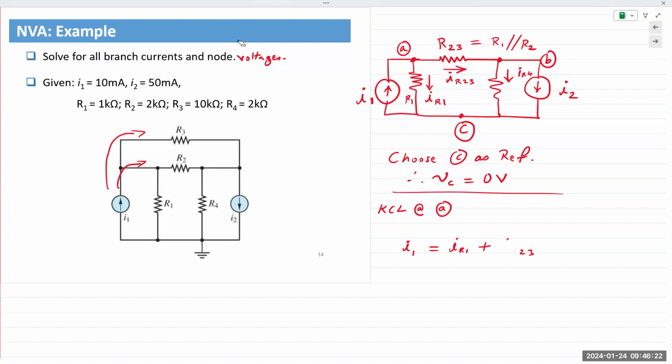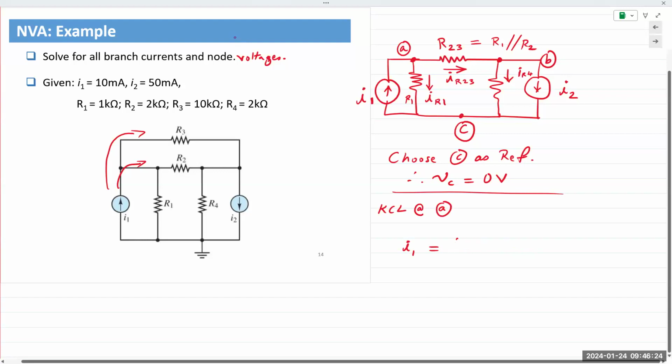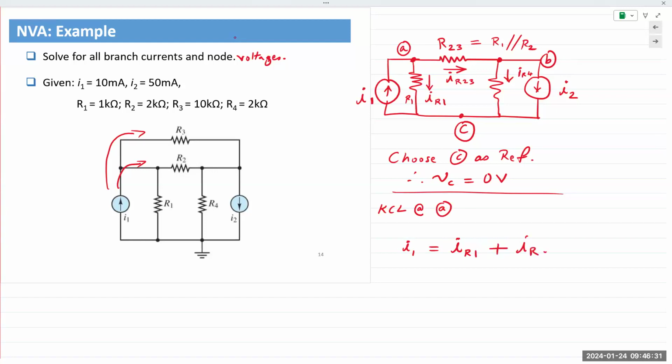Let's make this bigger. IR1, IR23. Good, so we have our KCL.